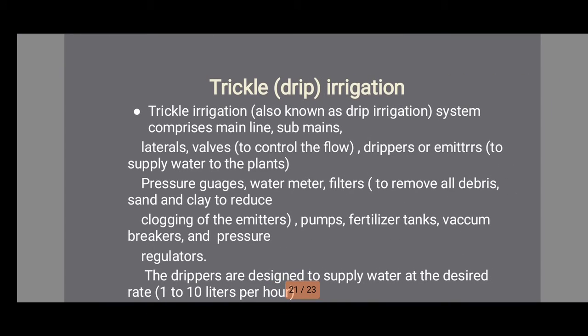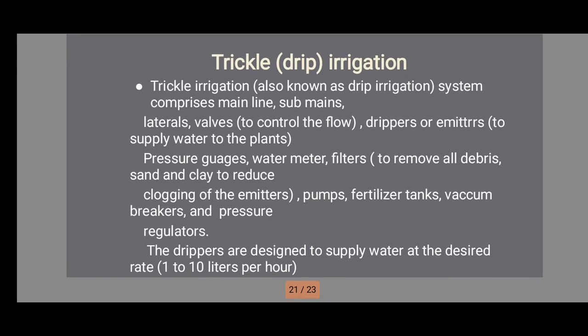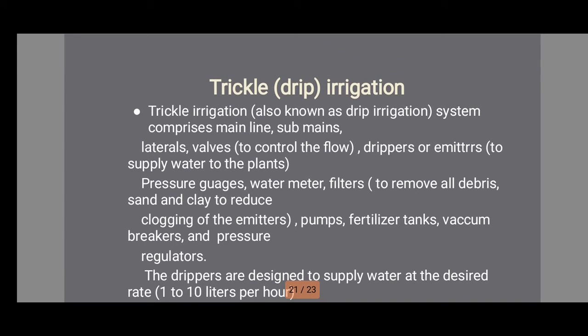And next is the trickle irrigation system. Trickle irrigation or drip irrigation system comprises main line, sub-mains and laterals. They consist of valves and drippers, also known as emitters, pressure gauge, water meter, filters, sand and clay to reduce clogging of the emitters, and pumps, fertilizer tank, vacuum breakers, and pressure regulators.